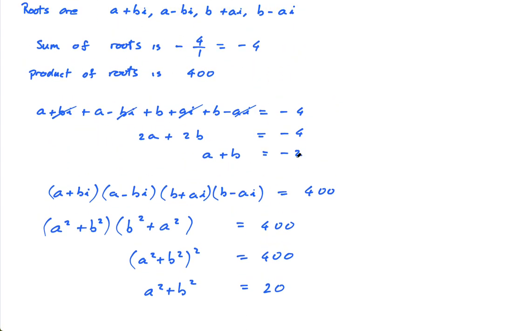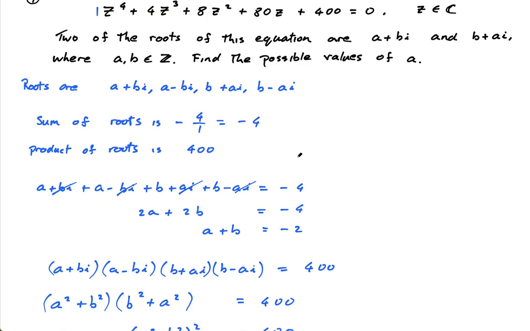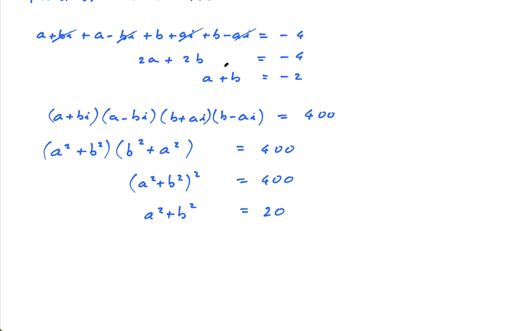Okay, we have this equation here. So I have a plus b equals minus 2, and I have a squared plus b squared equals 20. Now he said find the possible values of a. So I'm going to sub, this is equal to a equals minus 2 minus b.